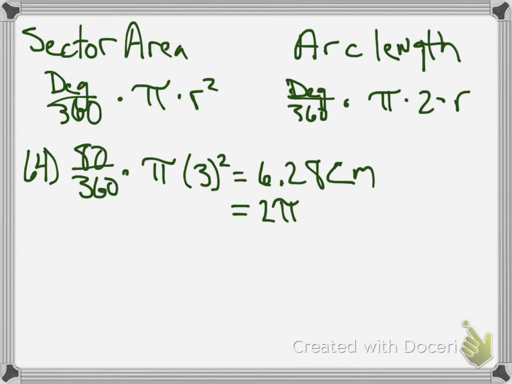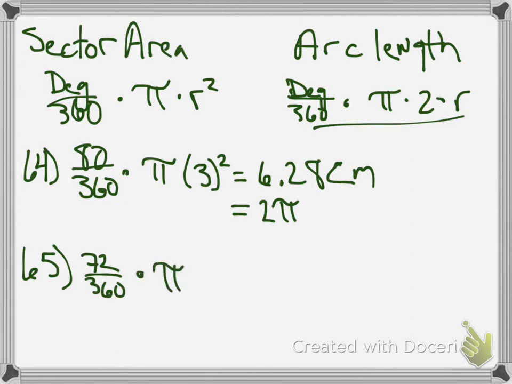Find the length of arc JK. Okay, so number 65 is arc length. So we're going to do 72 degrees, 72 over 360, using this formula here, times pi times 2 times 5.